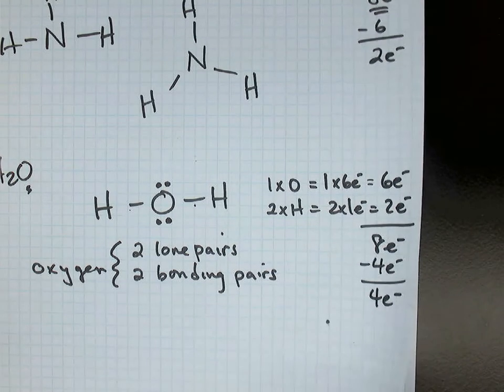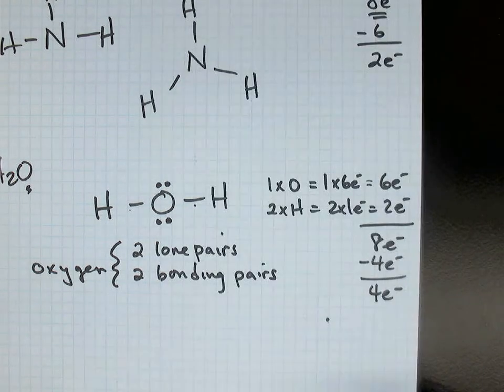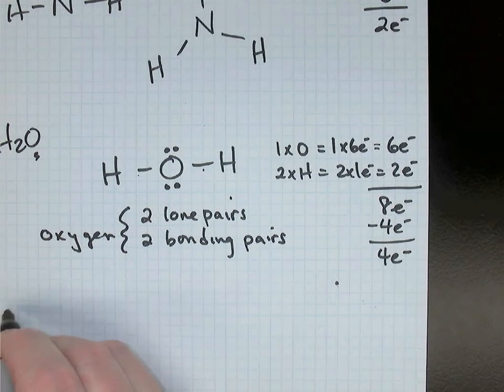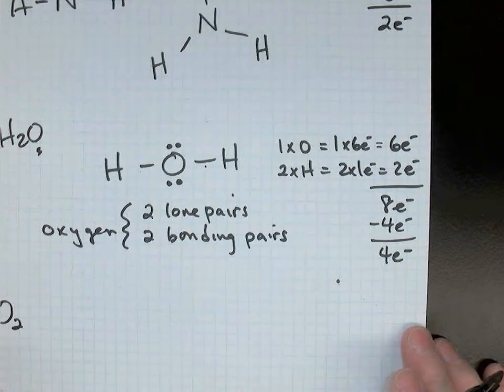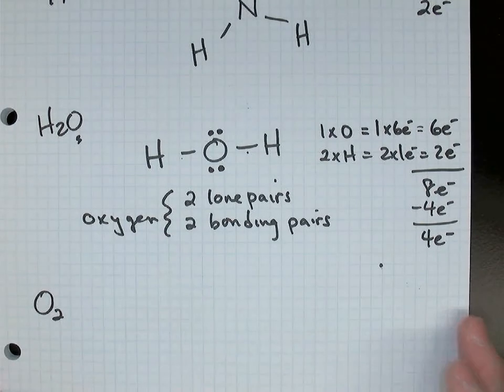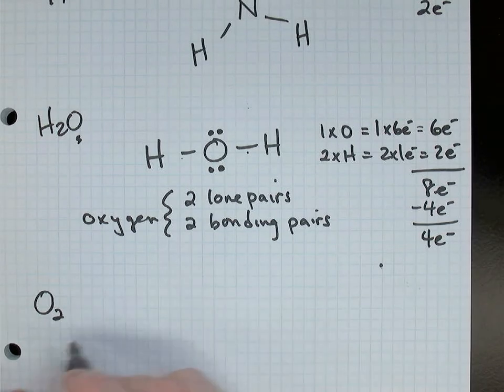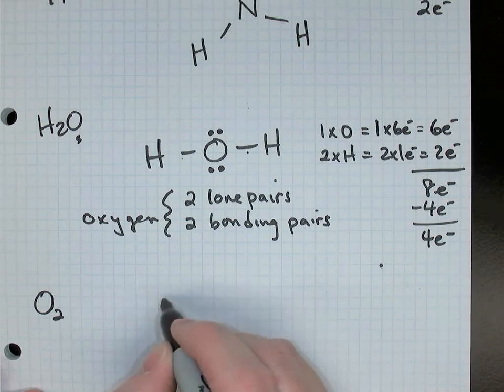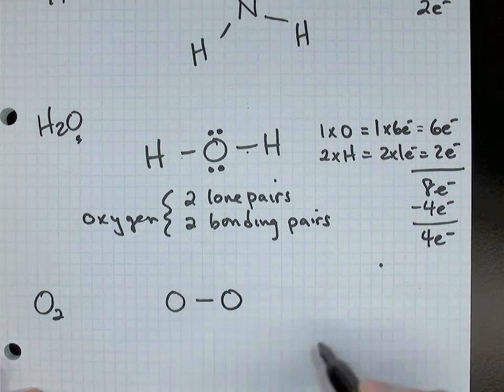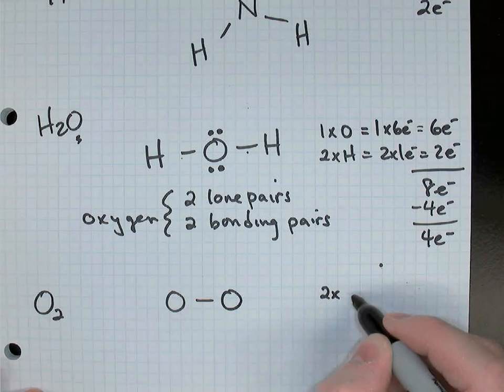If we jump up a little bit in complexity, let's take a look at an oxygen molecule, O2. If you want to pause the video here and try drawing this guy's Lewis diagram, that would be great. So we have 2 oxygen atoms. This looks like it should be easy. There's 2 O's, so 2 times 6 valence electrons.